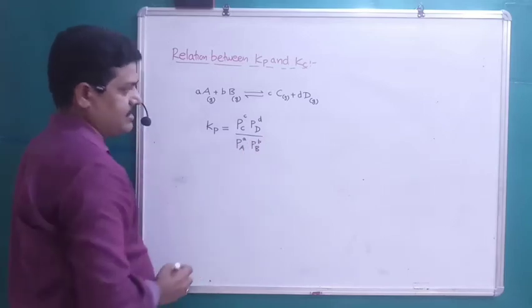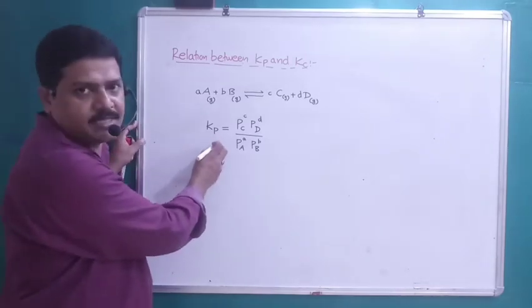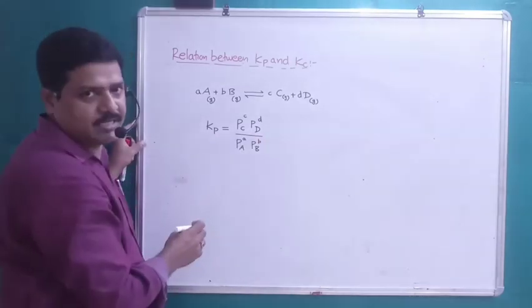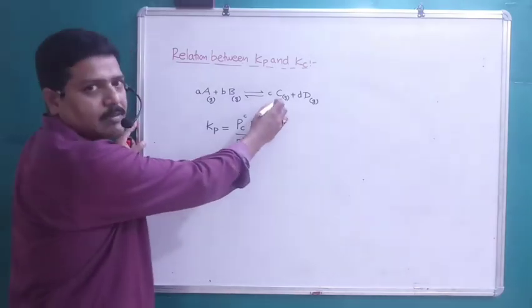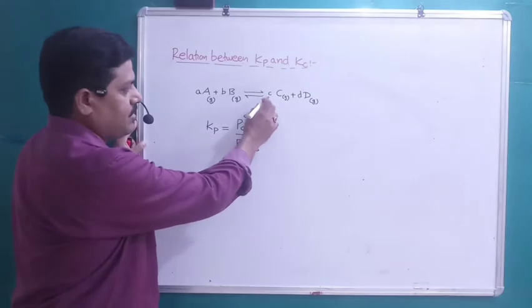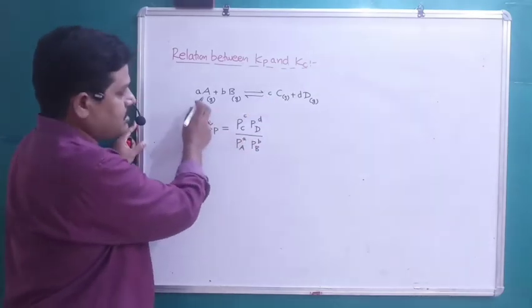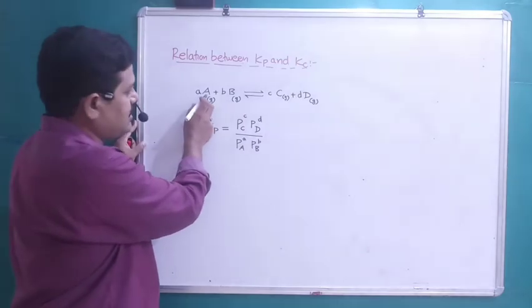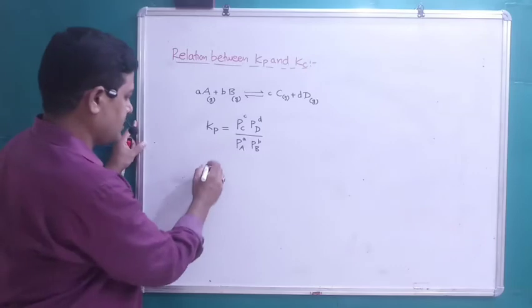We can write like this, right? So Kp is the equilibrium constant in terms of partial pressures: the product of partial pressures of the products raised to the power of their stoichiometric coefficients divided by the product of partial pressures of the reactants raised to the power of their stoichiometric coefficients.